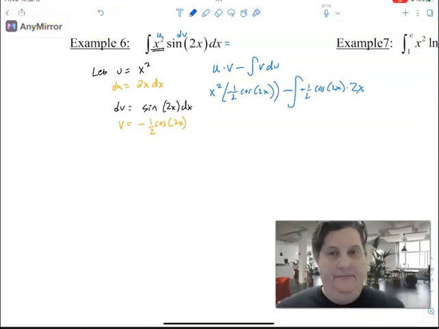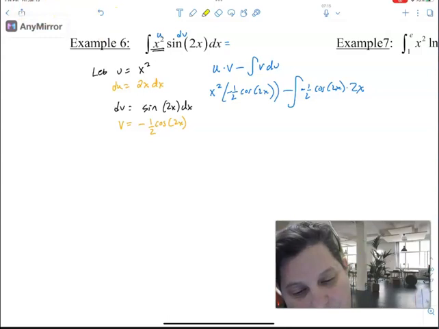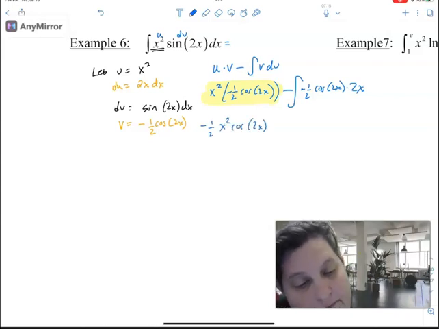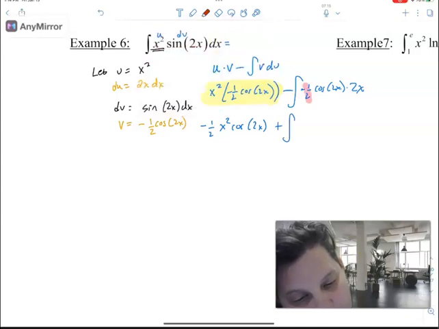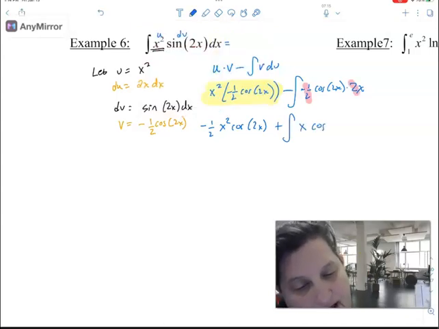Alright. So, okay, so this is cool. So we've got this, and this part of the problem is done, you guys, right? So this part of the problem, I'm going to put the 1/2 out front. And then minus a negative, I'll go ahead and put plus. And then can you guys see that right here, the 1/2 and that 2 cancel out? So it's plus x cosine 2x dx.